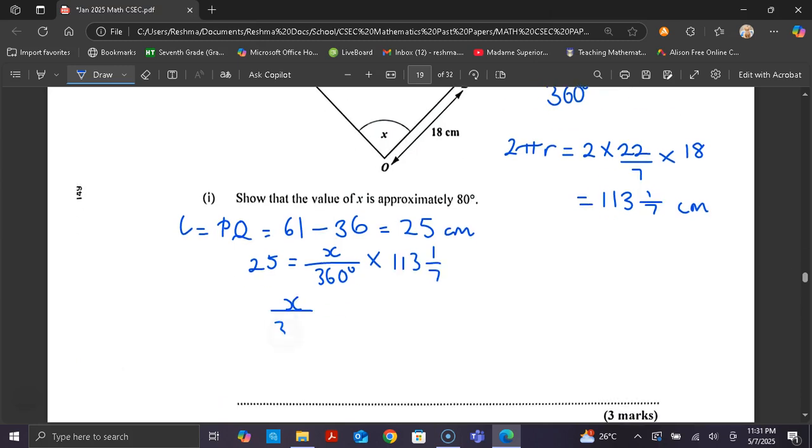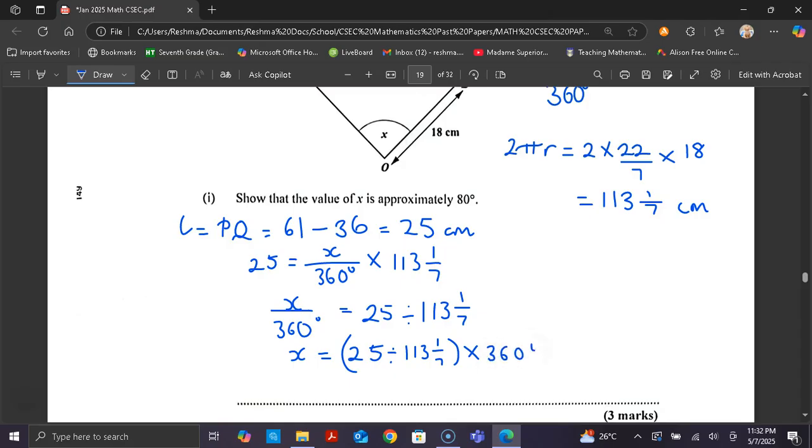So x over 360 would be 25 divided by 113 1/7, and then x would therefore be 25 divided by 113 1/7, and we multiply that by 360 degrees.